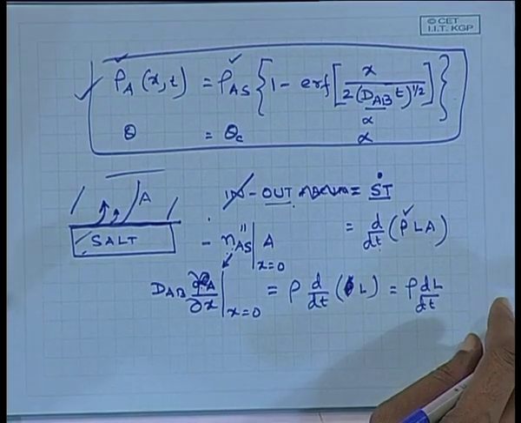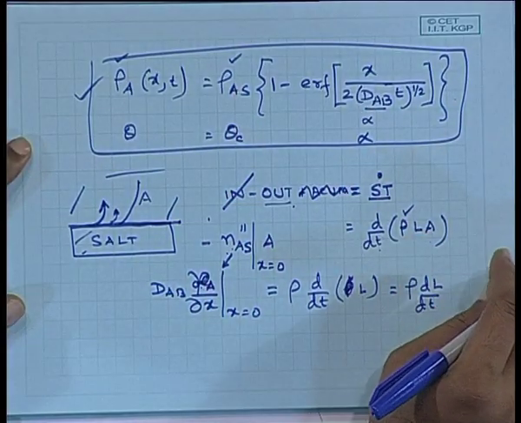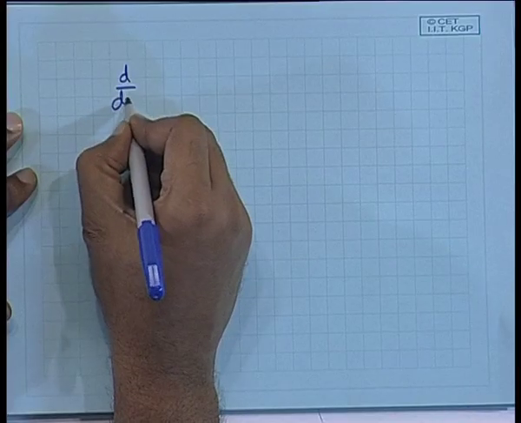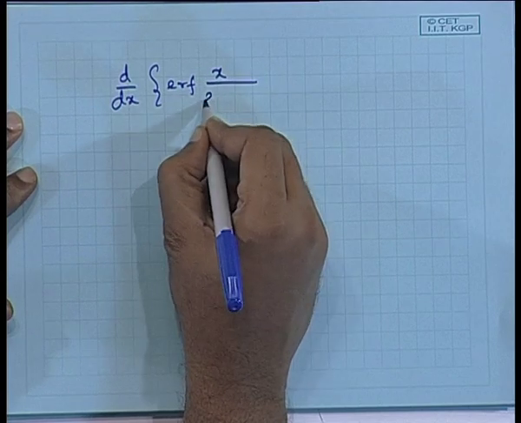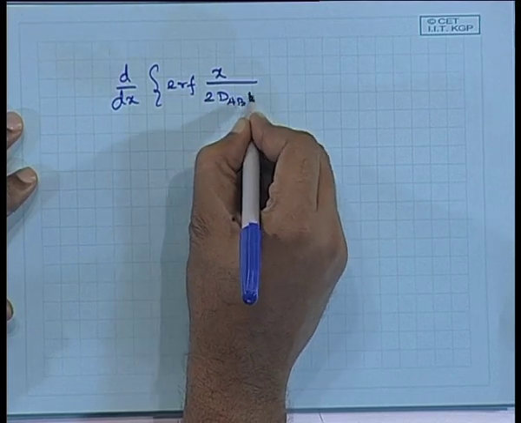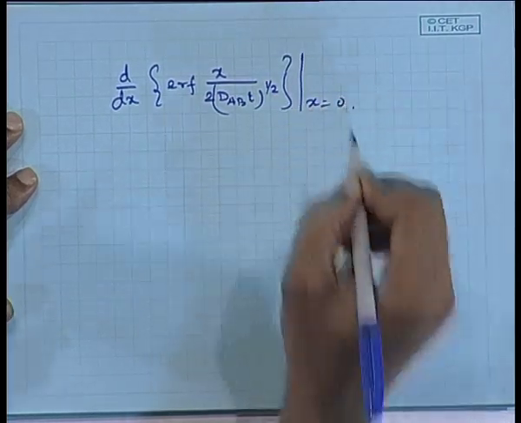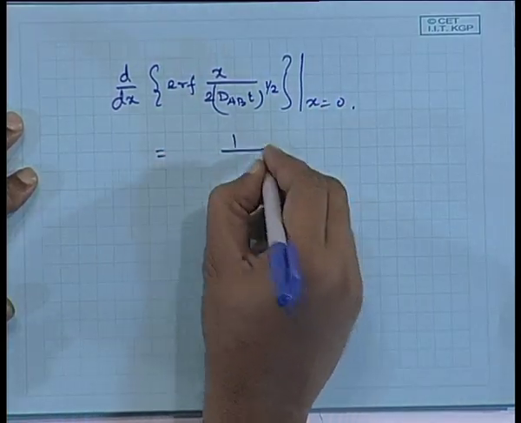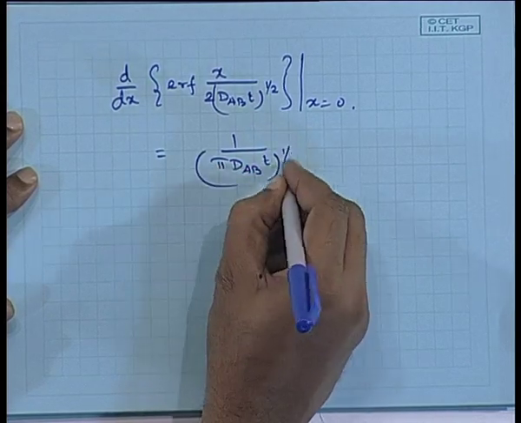The only mathematical thing that you are going to use is you have to find out d/dx of that at x equal to 0. Have you done that before? Okay. It is just again use it as a tool. I will give you this: d/dx of error function of x by 2(D_AB t)^(1/2), evaluated at x equal to 0, is simply equal to 1 by (pi D_AB t)^(1/2).